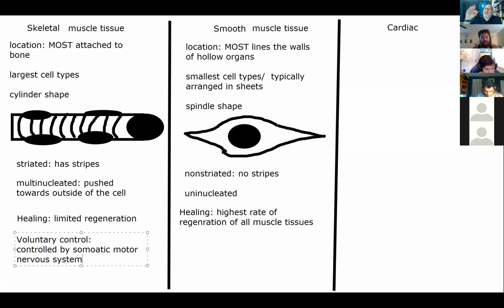If I lop my hand off and put it in a petri dish and provide it with all the oxygen and nutrients that it needs, is it ever going to wave its fingers on its own? No. All right. What about my stomach? Can I voluntarily say, all right, stomach, contract?